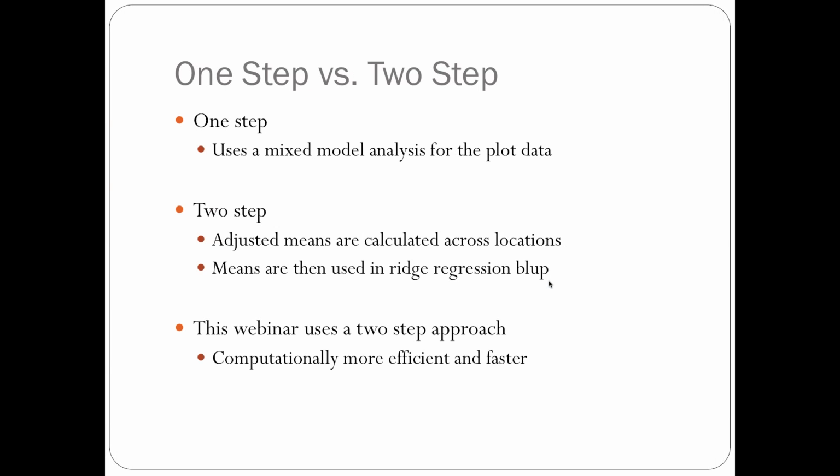In the two-step, you're adjusting your means across locations and accounting for G by E, and then putting those adjusted means into your ridge regression BLUP. While in one step, you're doing that all at once. So it's harder computationally, and it takes longer. But since for this data set I only had one environment, I really didn't have to worry about one step or two step, but I just wanted to clarify that there are two methods, whether you're going to adjust your means at the beginning or not.